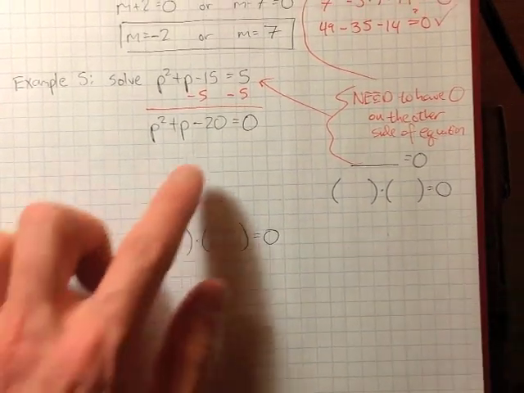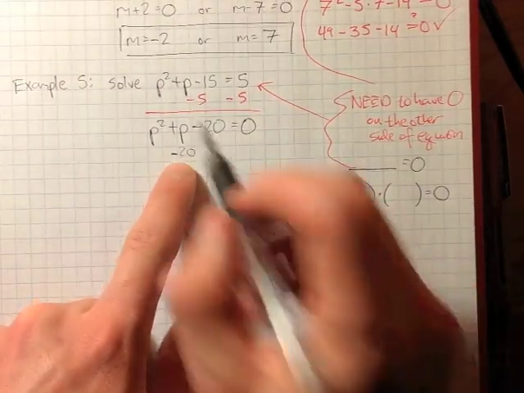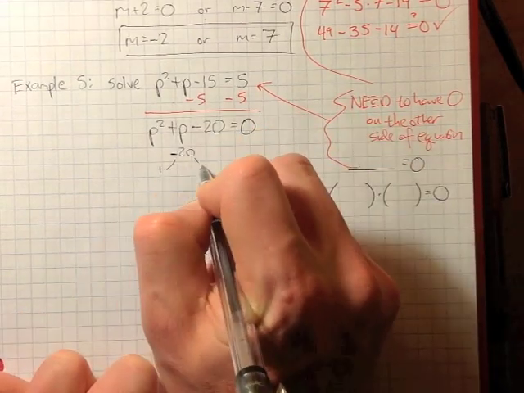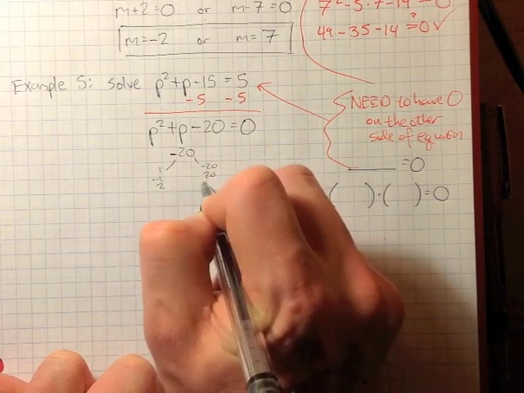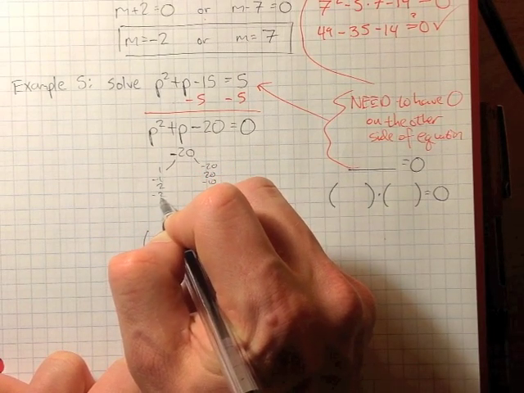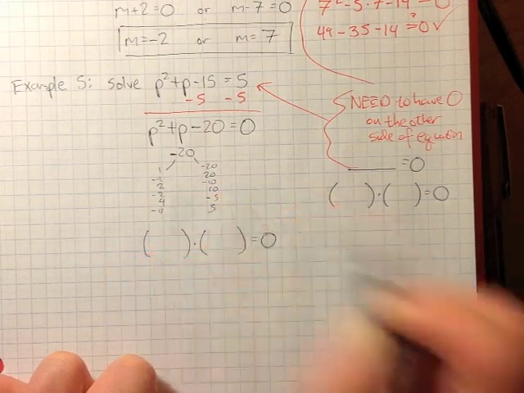Let's see here. What two numbers multiply to equal negative 20 and add to equal invisible 1? Well, let's see. 1 and negative 20, negative 1 and positive 20, 2 and negative 10, negative 2 and positive 10, 4 and negative 5, negative 4 and positive 5.